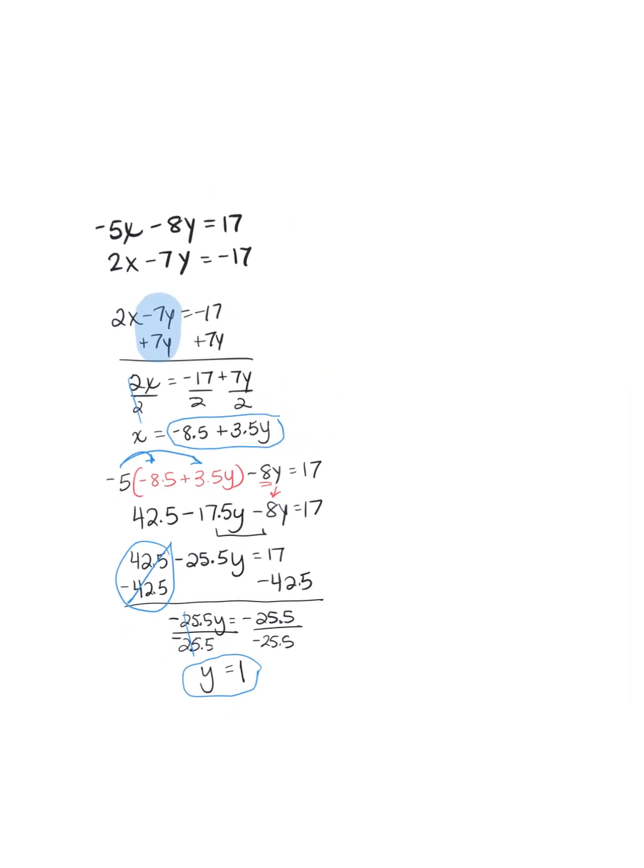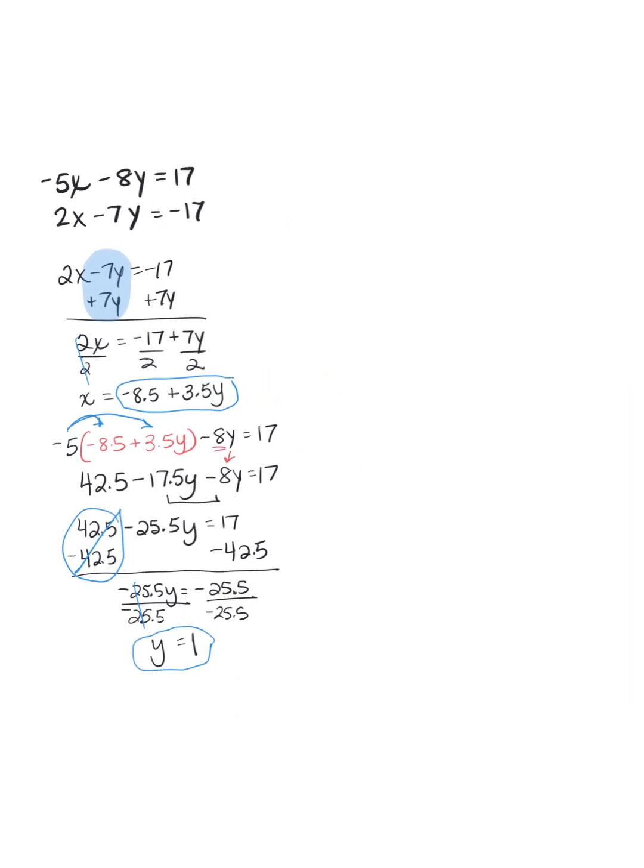Now all we have to do is solve for x. Take it all the way back to the beginning. I'm going to use that second equation. That was a little more friendly. 2x minus 7 times y, which we just figured out was 1, minus 7y equals negative 17.